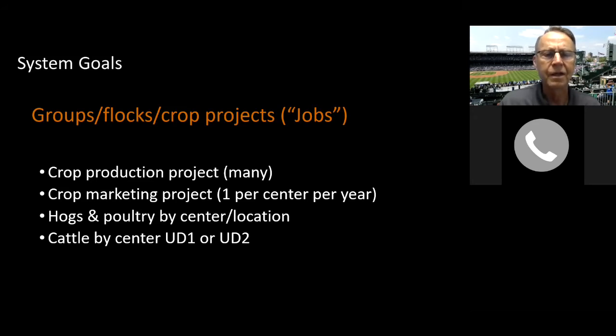And then cattle, we treat slightly differently. We set the system up to track a user-defined 1 or 2 definition for that, independent of the location. So it allows us to move groups of lots of cattle between locations, whereas hogs and poultry are tied to a location. The group is tied to a location and a center.